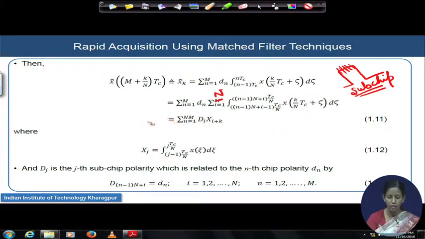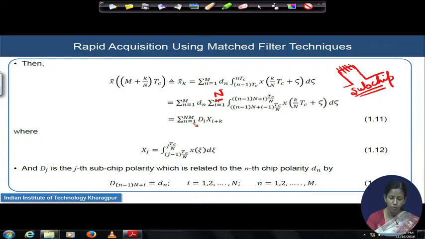So, we end up with this equation: the sampled output of the match filter will be governed by this. Remember, this d is nothing but the summation of n plus 1 dn, and a double summation is coming up for the I also, where n is moving from 1 to M and the subchip is running from I to capital N. If I now transfer everything in terms of the subchips, so totally your searching is running over a duration of capital N into capital M subchip time period.